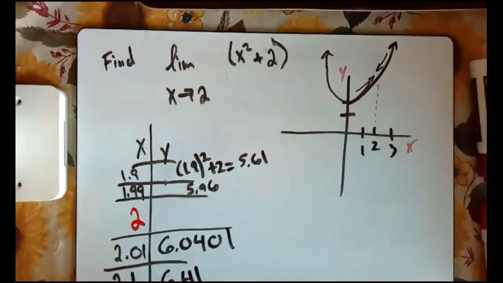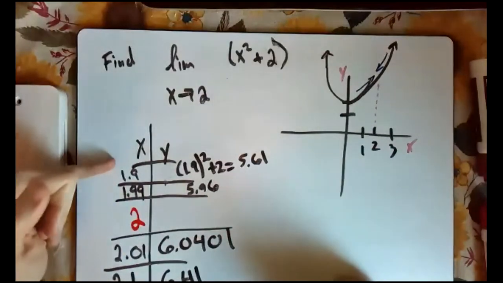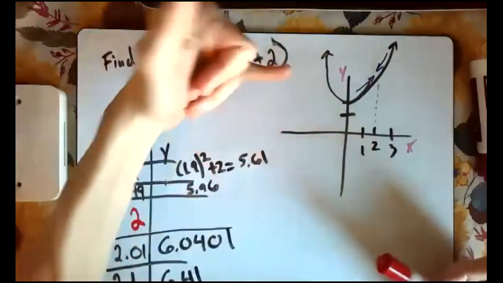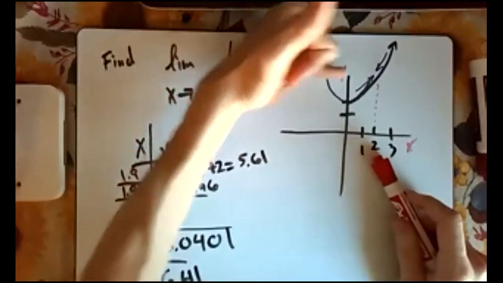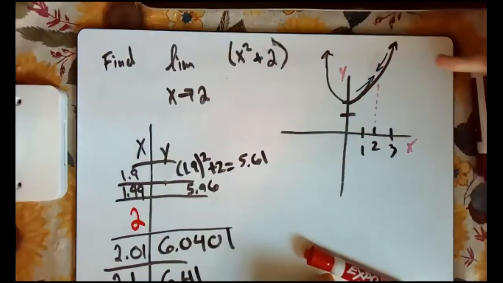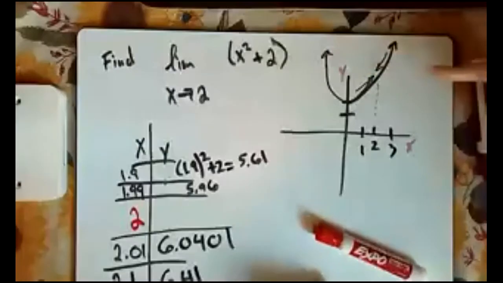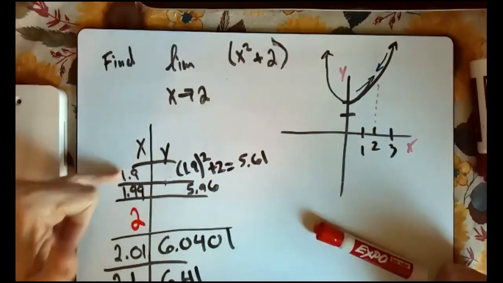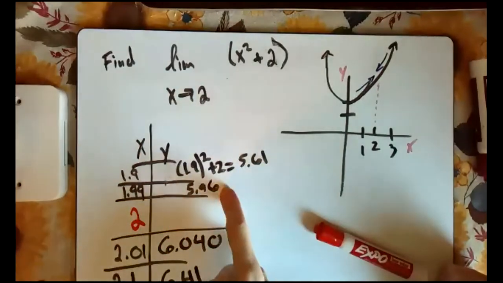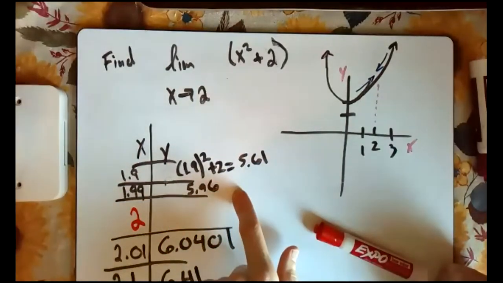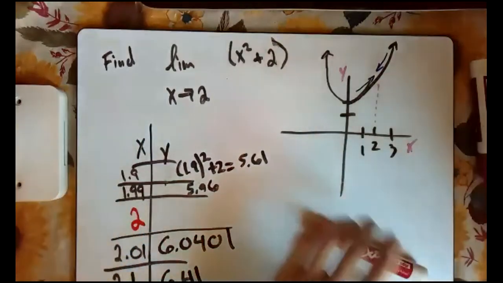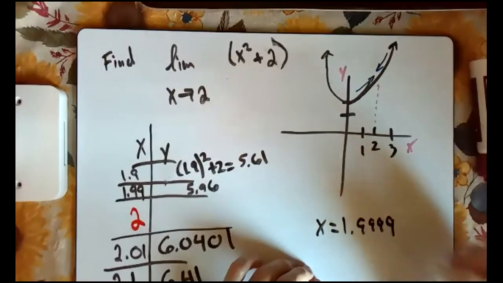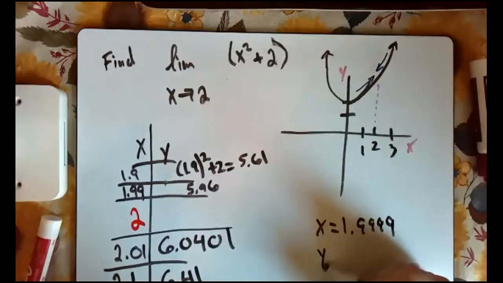Now, why are we doing that right there? If you notice, if we approach 2 from the left, like say we're walking to 2 from the left side. This is me approaching 2 from the right, coming from the right. If I approach 2 from the left, or values slightly smaller than 2 in this case, you notice that they're homing in on some value, right? They're getting close to some specific value. Like, let's just say I did 1.99999, 4 nines like that. What will the y value be?